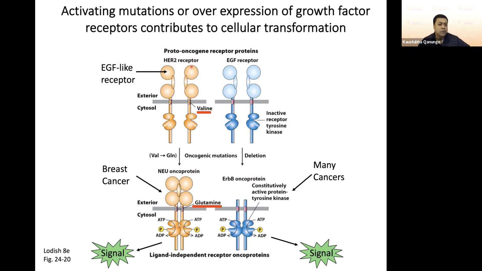The HER2 receptor, implicated in breast cancer, has a valine converted into a glutamine, which allows autodimerization of this protein without a ligand and causes constitutive signaling. And here you see that a deletion of this caused this.